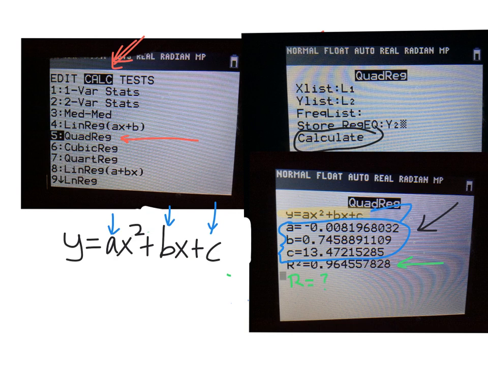And the reason why is that it just doesn't fit on the screen. So what we're going to do is take the square root of r squared to get our R value, the correlation coefficient, to see how strong of a correlation exists between this quadratic equation and the data.